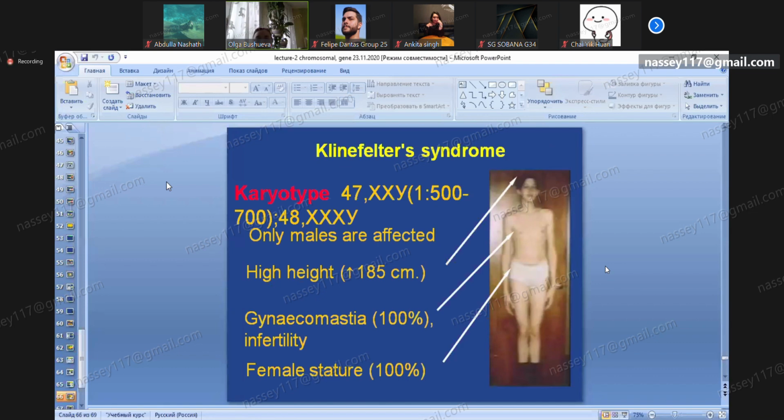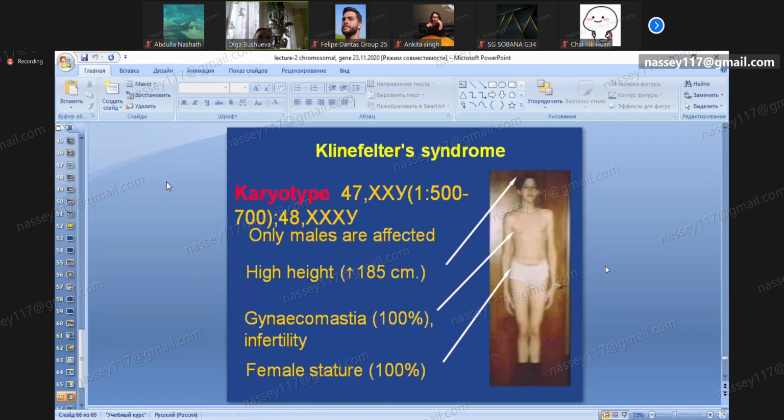Klinefelter syndrome is the most frequent chromosomal pathology. We can see this patient in 500 to 700 cases. The most frequent karyotype will be 47,XXY. Only males are affected.